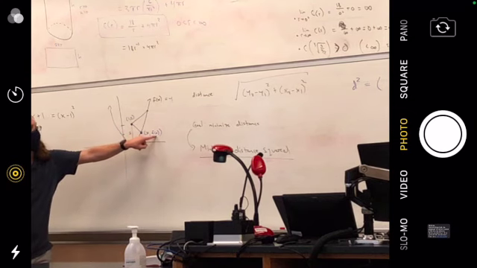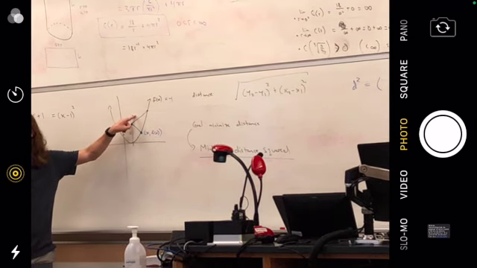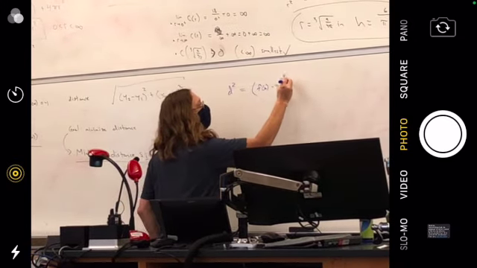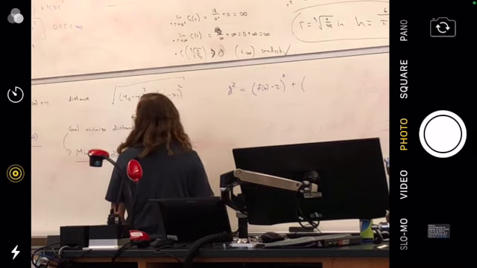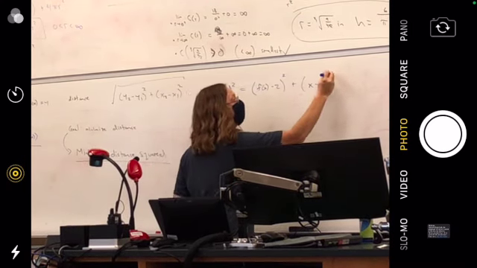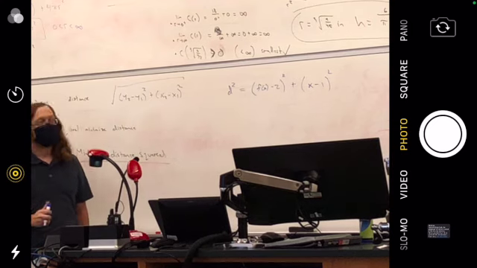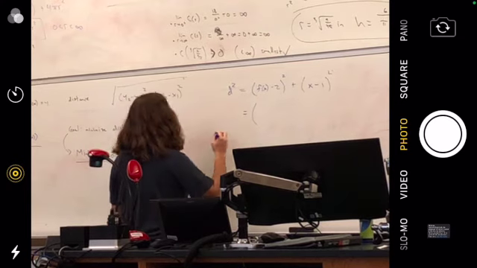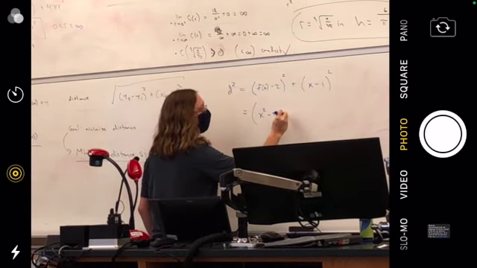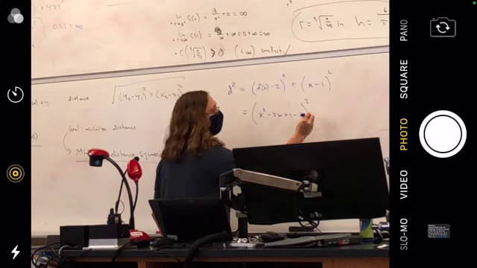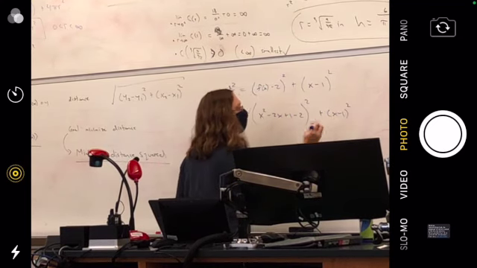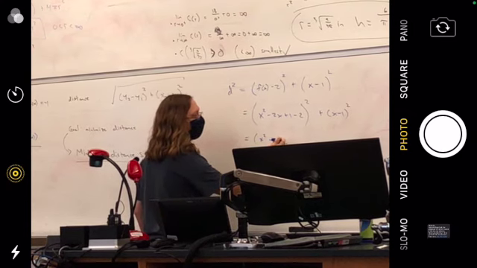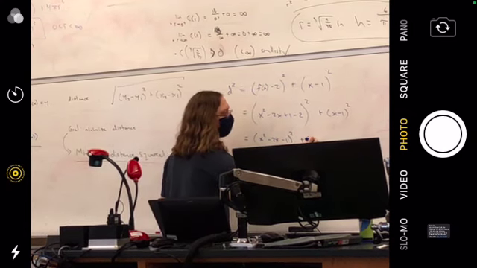The change in y coordinate would be f of x minus 2, squared, plus, what's my change in x coordinates? x minus 1, squared. So my distance squared is x squared minus 2x plus 1 minus 2, all squared, plus x minus 1 squared. So x squared minus 2x minus 1 squared plus x minus 1 squared.